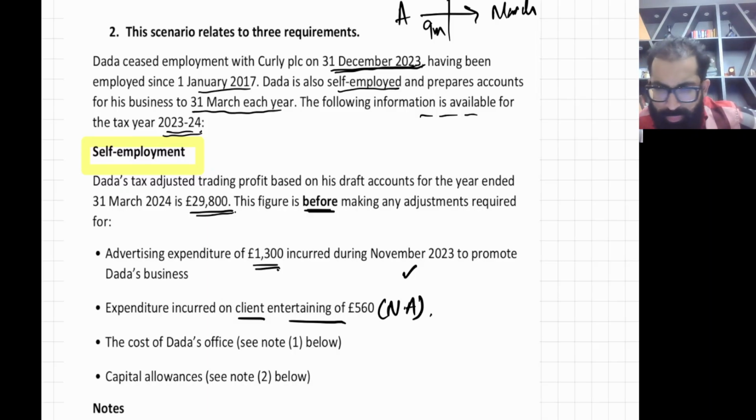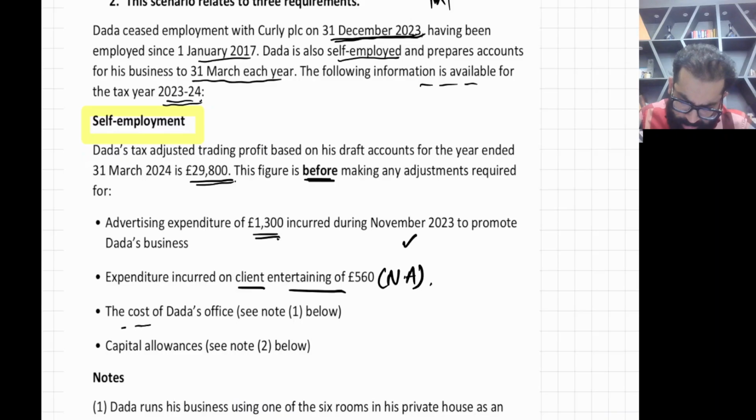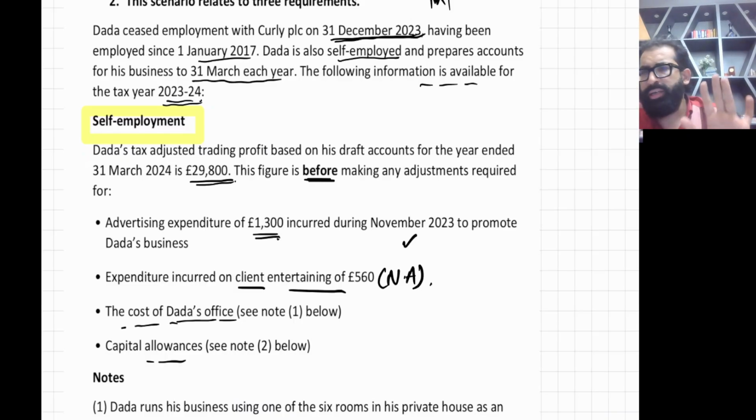Otherwise, for UK clients, you can't even get an input tax claim. So to cut the story short, right now we are doing trading income, and in trading income, entertaining clients is not allowed. Then now they are talking about the cost of Dada's office and capital losses. It's not difficult, just all routine work, 99% routine work.